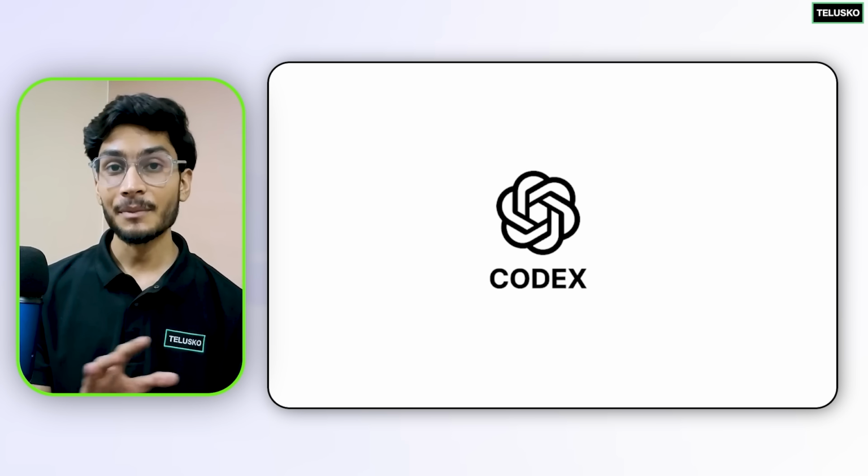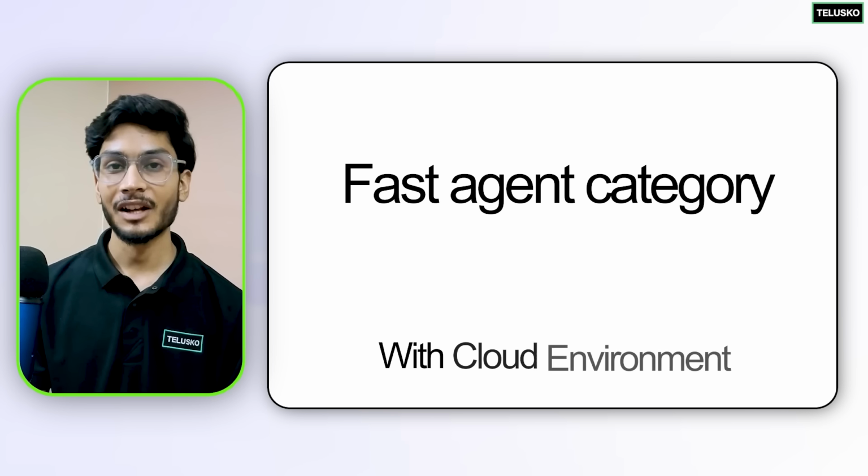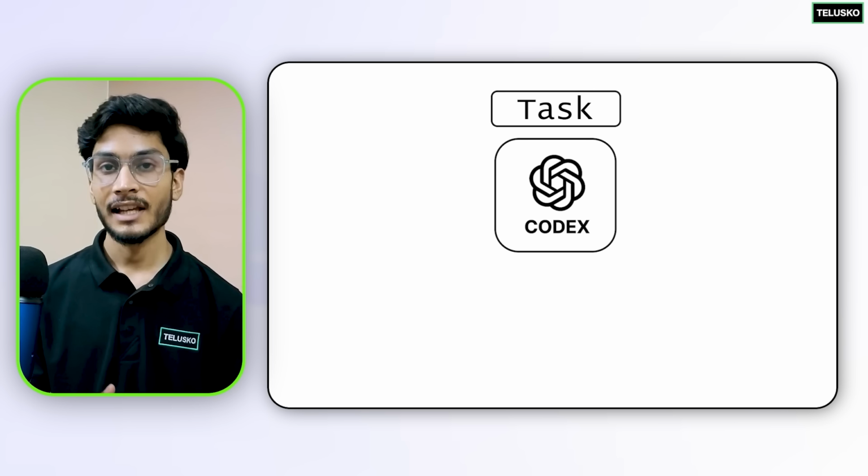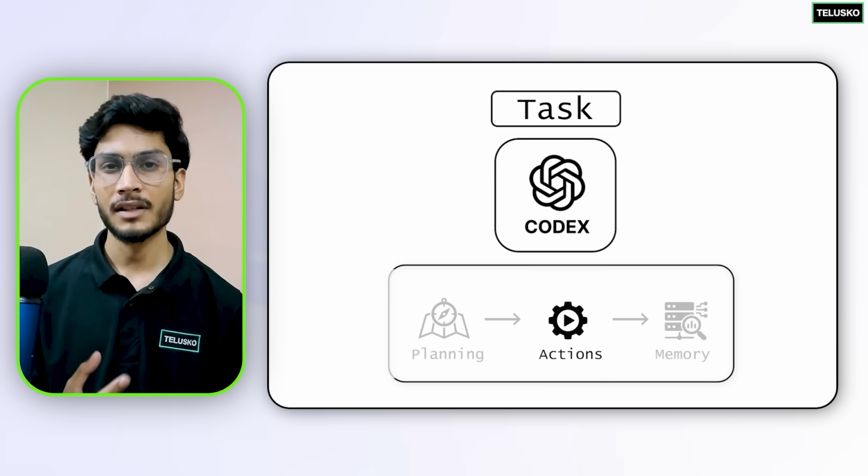And there are some agents who work in a local environment, while some work in a cloud environment too. If we talk specifically about Codex, it comes under the fast agent category with a cloud environment. That means if we have given some task to Codex, it will take actions without doing much research and planning. Now while it does so, it comes with advantages and disadvantages.